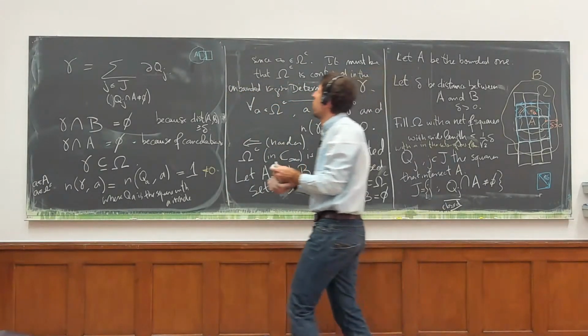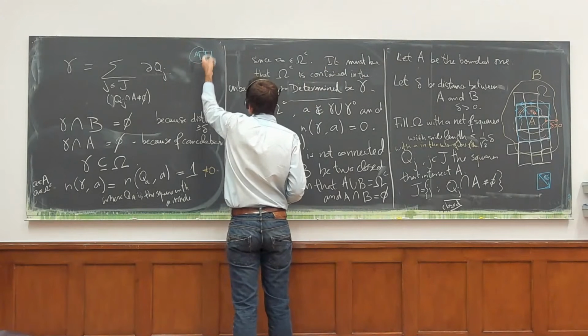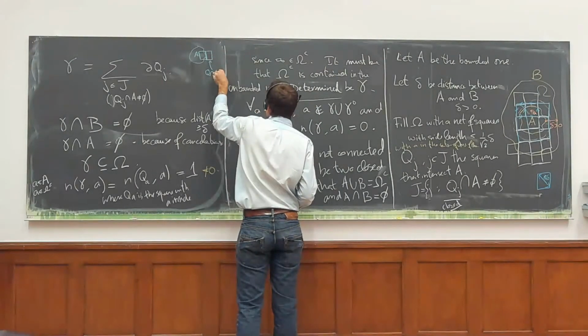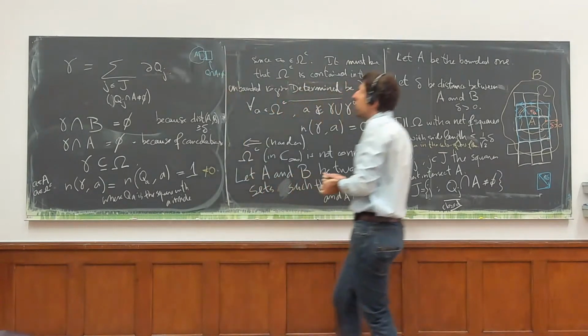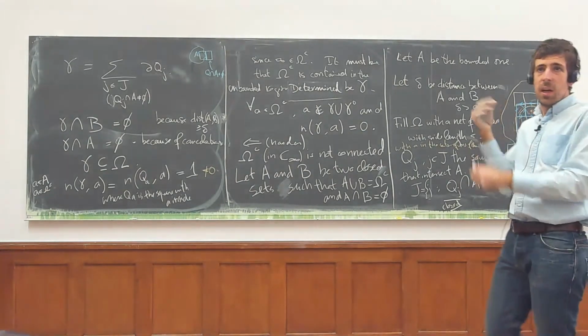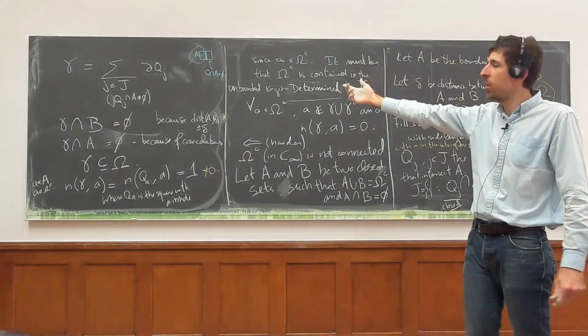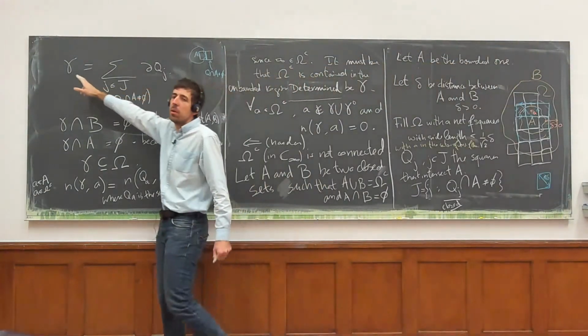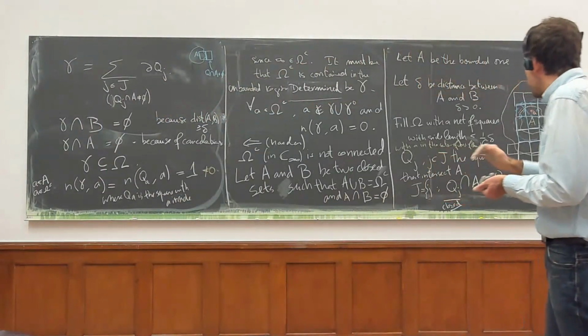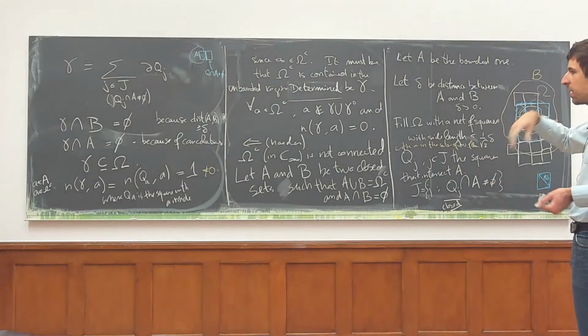So the square to the right, this Q intersection with A is also nonempty. And so the way that this is constructed, if a point is in the boundary of one of the Q_j's, it will be in the boundary of two of the Q_j's, and so it will cancel out in the curve, and so we will never show up in the curve gamma. Yeah, I had written open earlier, but it's definitely closed.